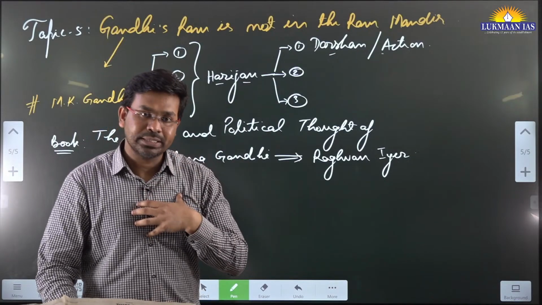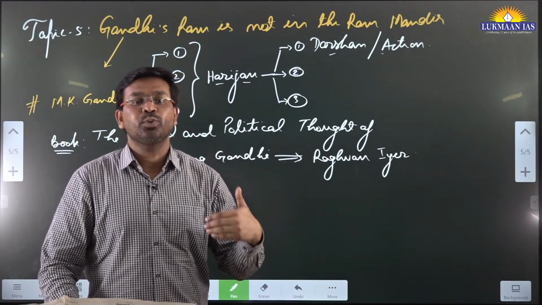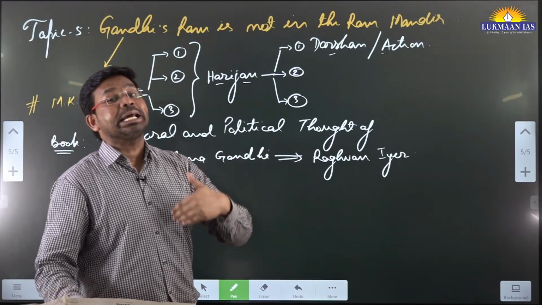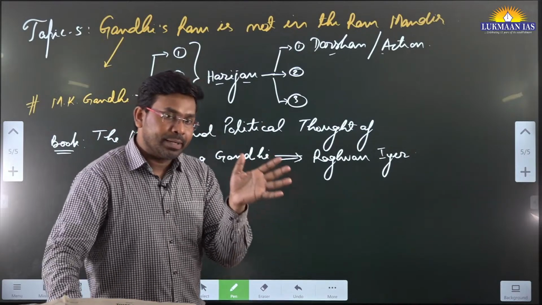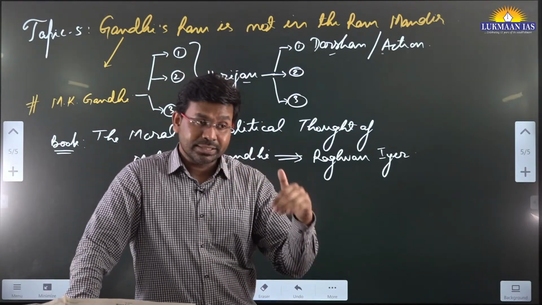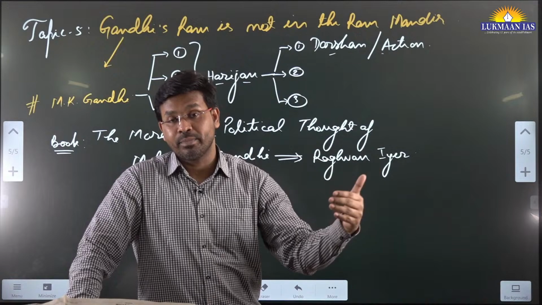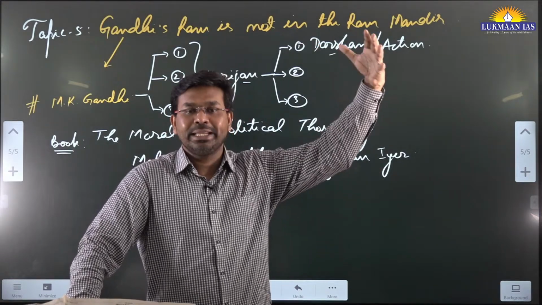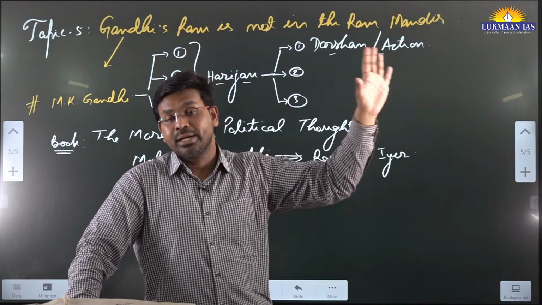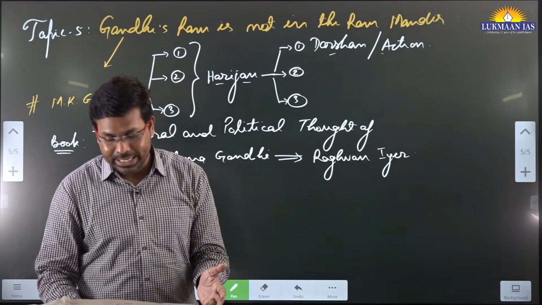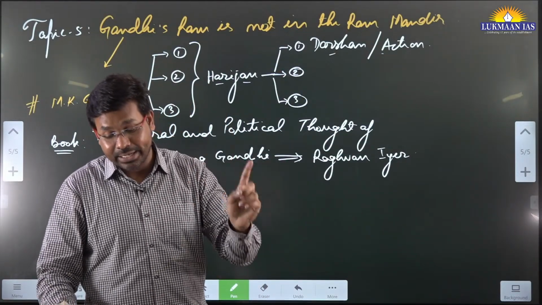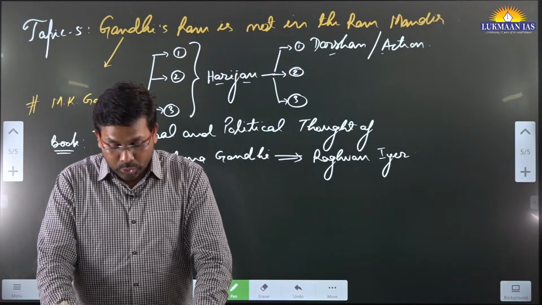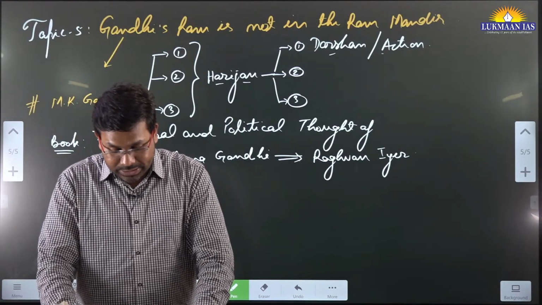It is up to us which God we see in our proximity, which God we can connect with. People have closeness to a particular form of God, but that particular form of God is ultimately connected with one final God. So Gandhi believed in that final ultimate power, the truth, God as truth.